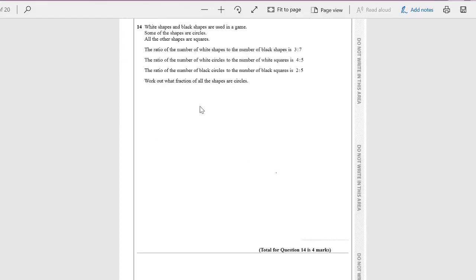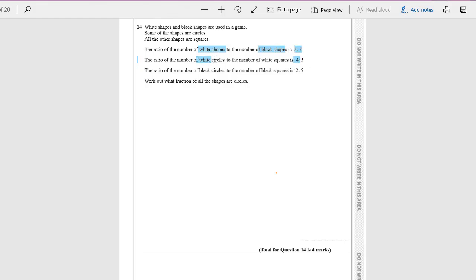Okay, question 14. It says white shapes and black shapes are used in the game. Some of the shapes are circles, all the others are squares. And then it gives you the information here. There's quite a bit, and what I like to do is highlight. The white shapes to the black shapes is 3 to 7.